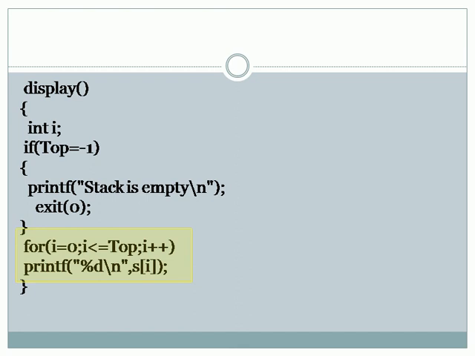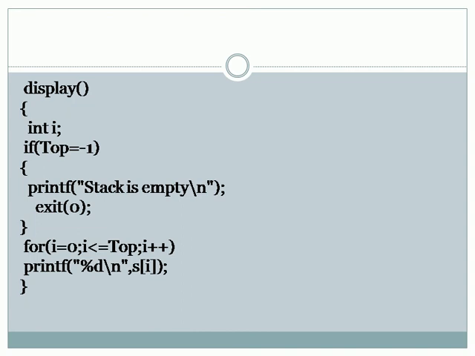Then i is incremented by 1, i becomes 3, 3 is equal to 3, so the new value of i is equal to the top value, still the condition is true, it will enter the loop, s of 3, that is 40, is displayed on the screen. Then i is incremented by 1, i becomes 4, 4 is not equal to or less than 3, so the condition is false here, it will come out of the loop.